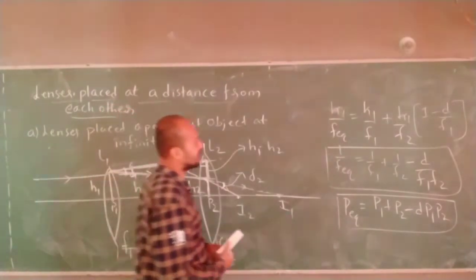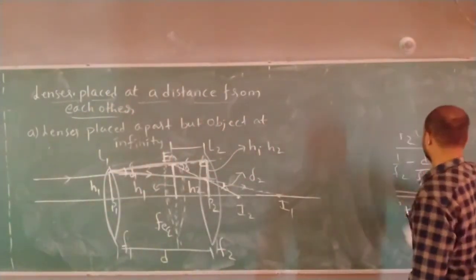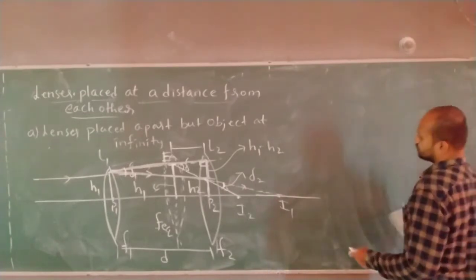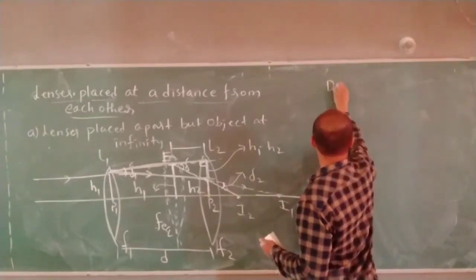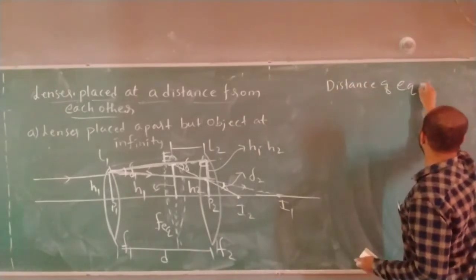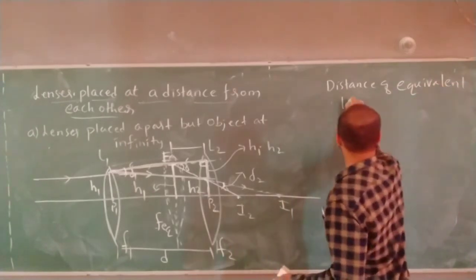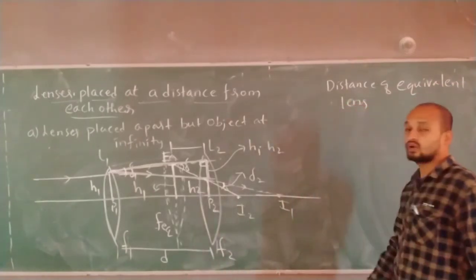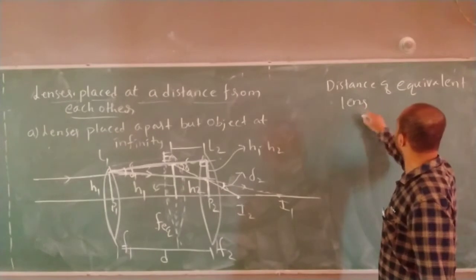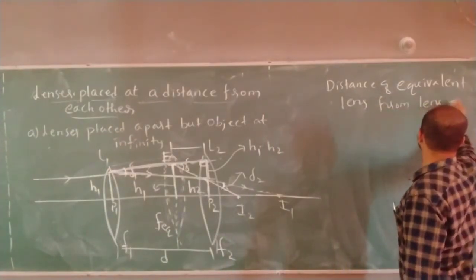Correct now? So I will write one heading: distance of equivalent lens from lens 2.